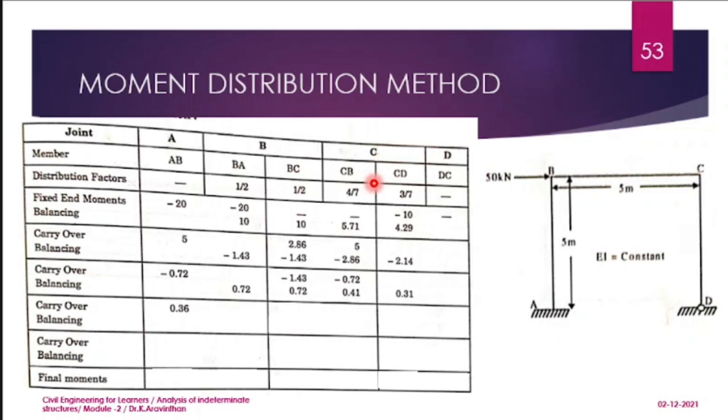Half of 0.72 will be 0.36, and half of 0.41 will be 0.21. 0.21 into 0.5 will be 0.11 and minus 0.11. 0.36, that is minus 0.36 into 4 by 7 will be 0.21 and 0.15.